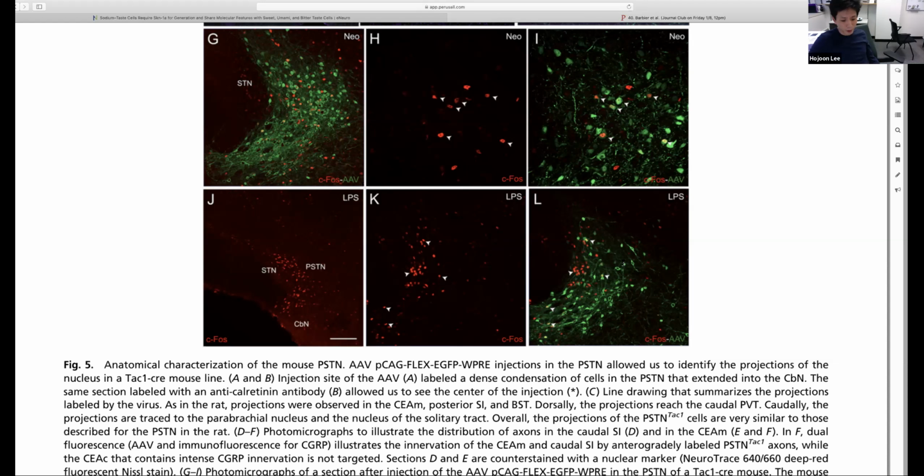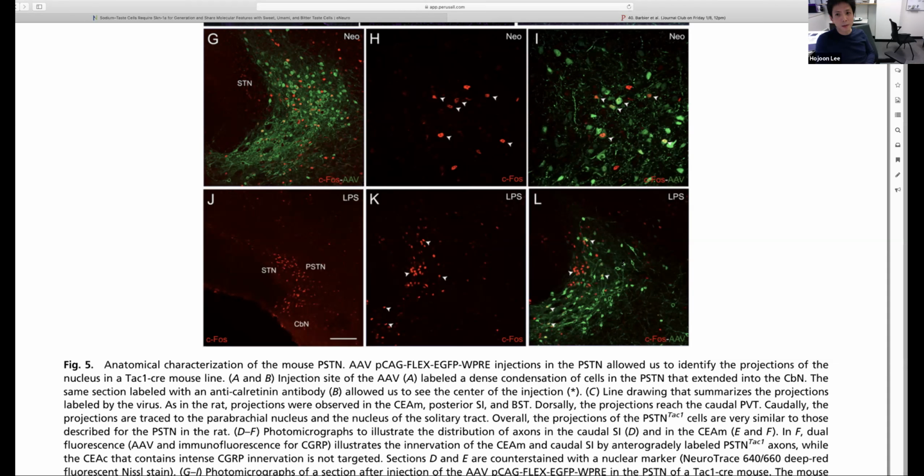Based on this, I don't know how good of a driver TAC1 will be, but we also have to remember that G to I is neophobia, the presentation of sucrose, right? 20% sucrose. I would think that 20% is pretty sweet.